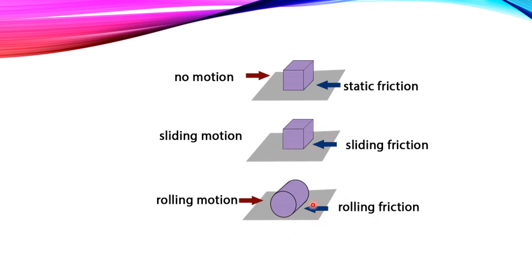And next, rolling friction. Rolling friction means when this object is rolling on the floor. So they have categorized this type of friction according to the motion, whether it is sliding motion or rolling motion. Anyhow, the previous types of friction are more important than this one.